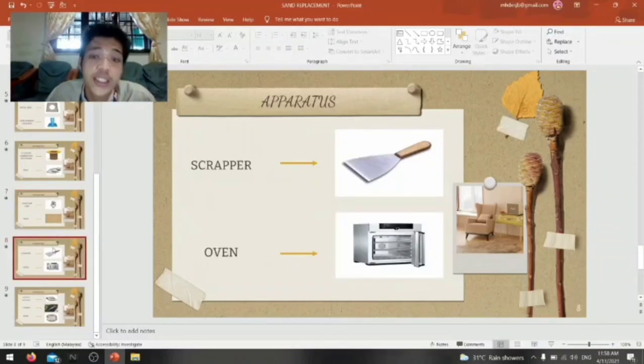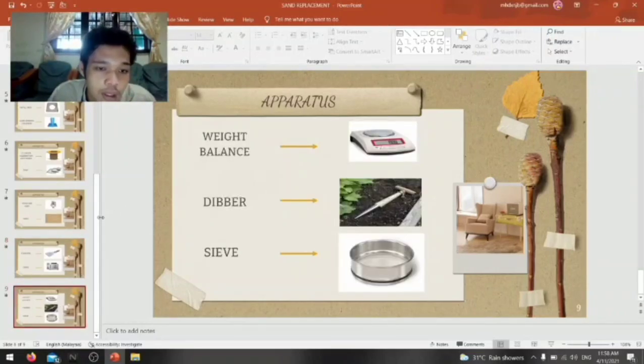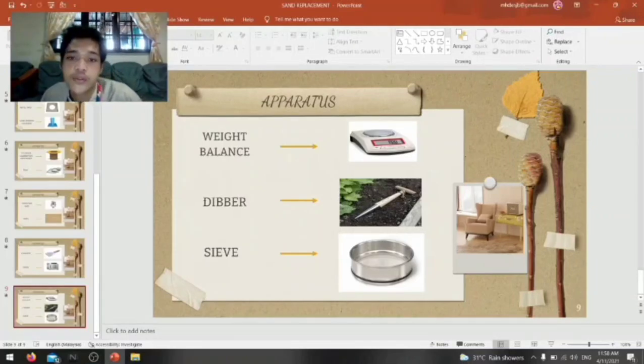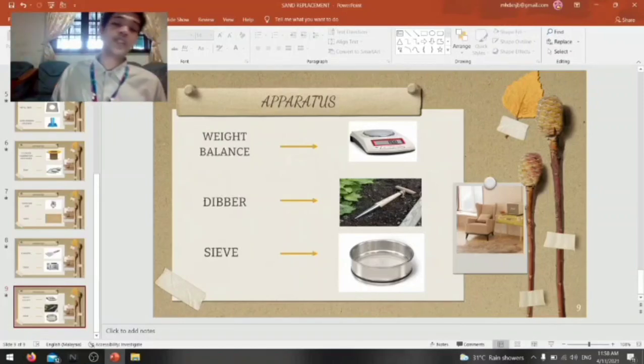Next apparatus is a scraper and oven. Then we also need a wet balance to weigh the sand, and also we need a debur, and lastly, a sieve. So that's all from me. So next, I would pass to our group member Atta Davidson.